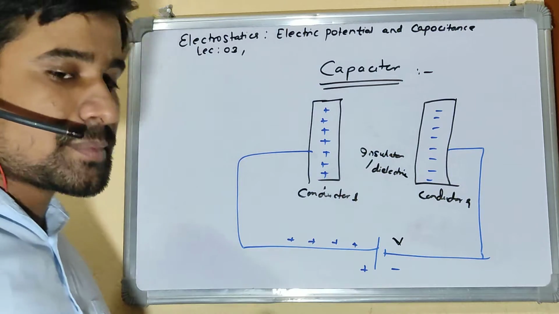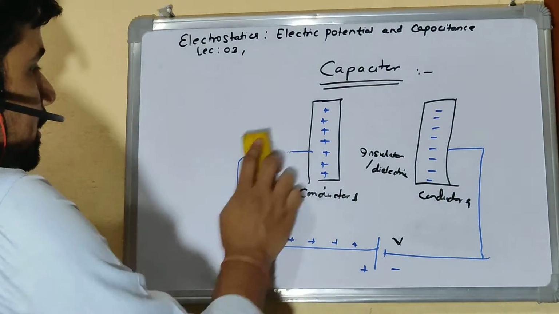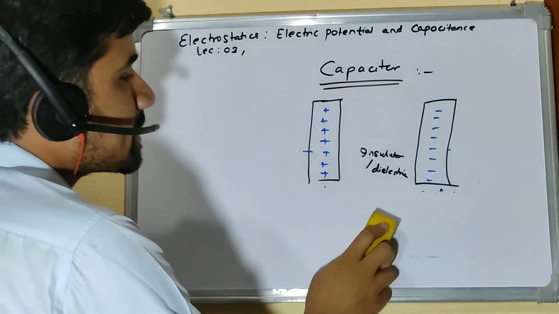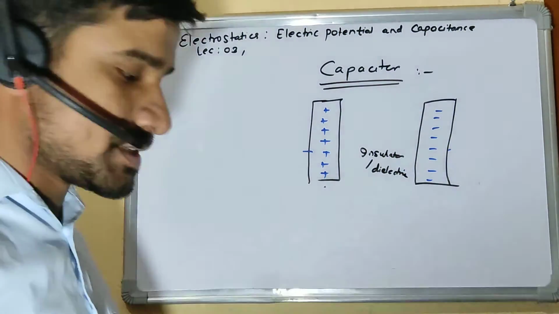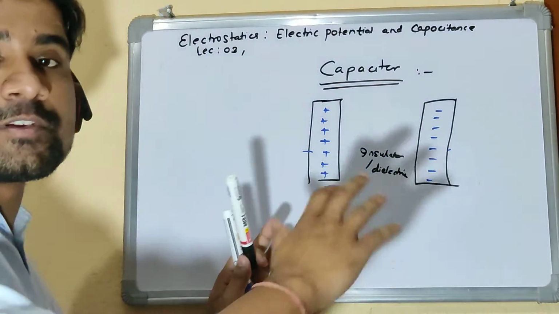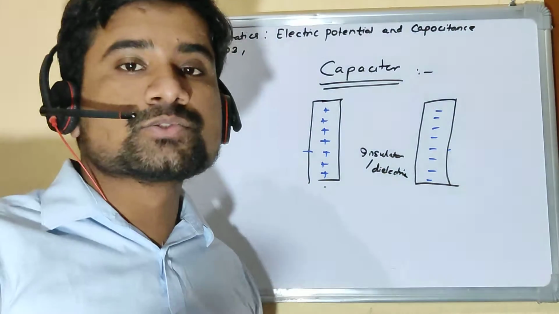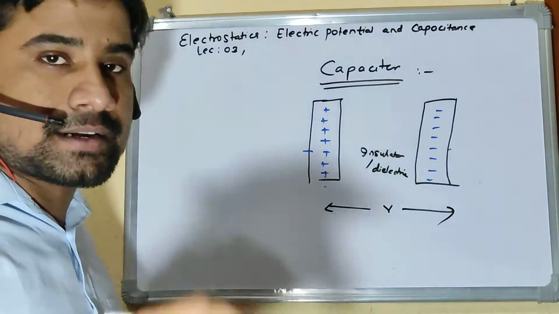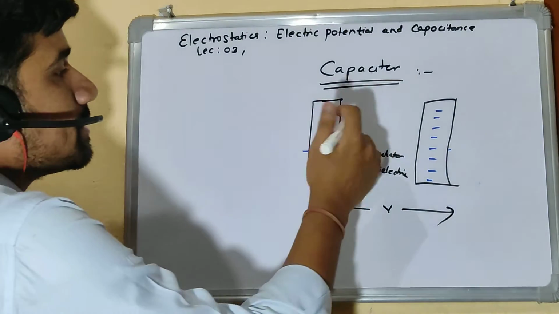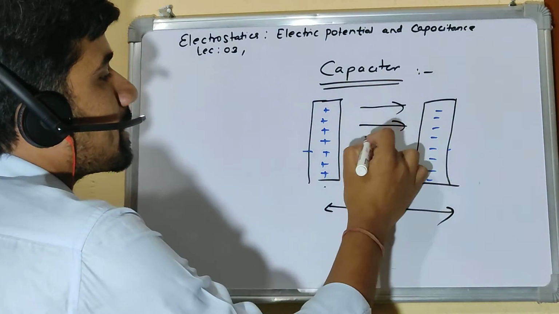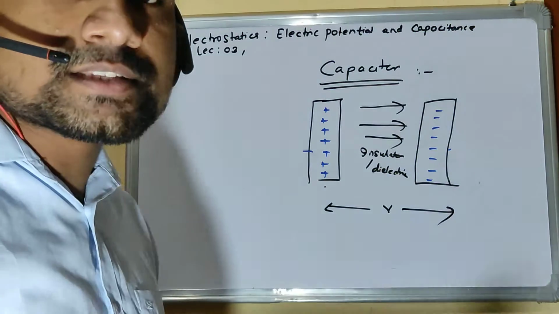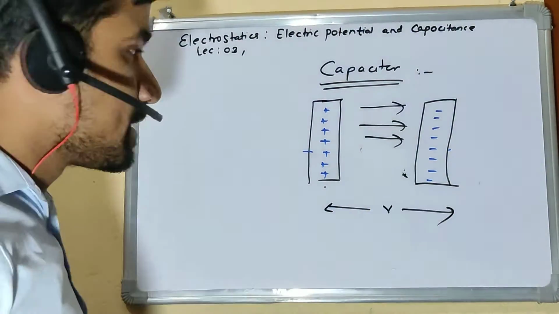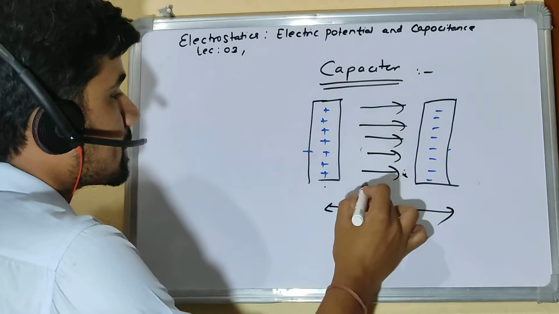Even if I remove this battery, this capacitor is still charged, so it has a potential difference between the plates. Before, when there was no charge, there was no potential. Now it has a potential difference between the plates, and whenever there is a potential difference, there is an electric field. So there is an electric field between the plates.